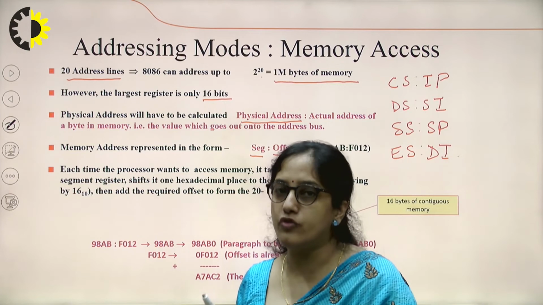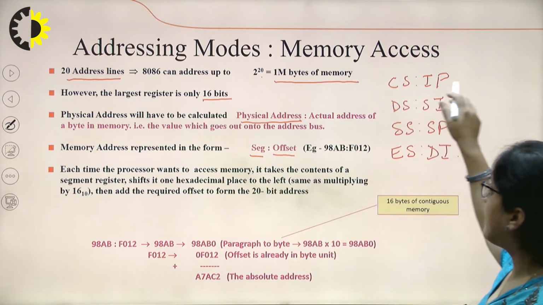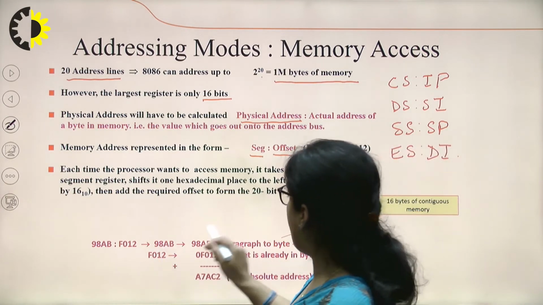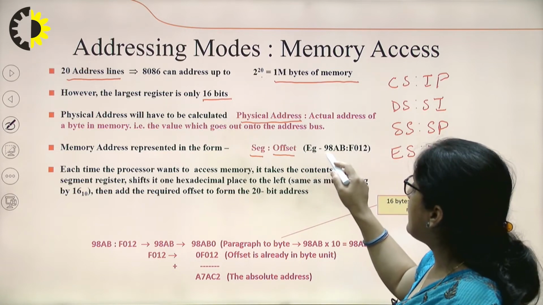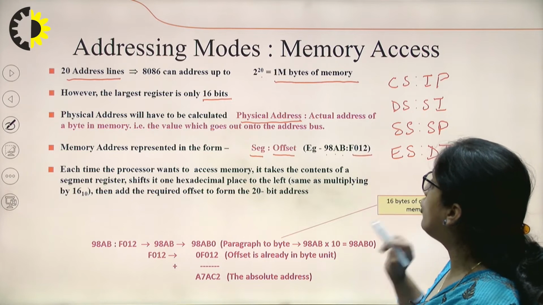That address generation circuitry will generate a physical or absolute address of 20 bits by using the segment register content and the offset content. Earlier also I told you, for example, take the segment address 98AB and offset address F012.